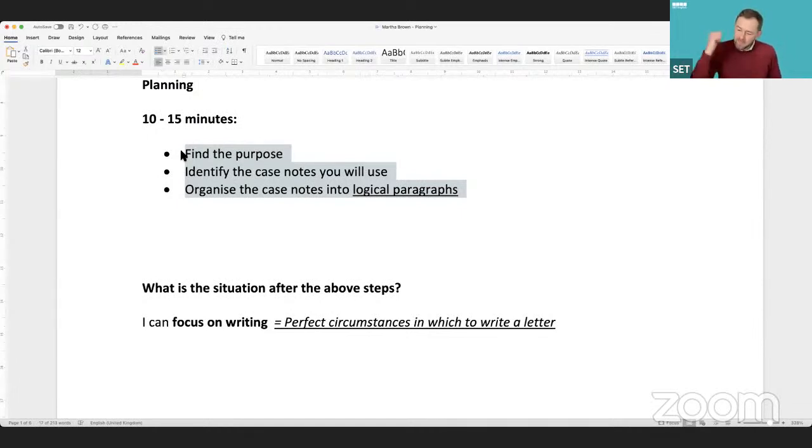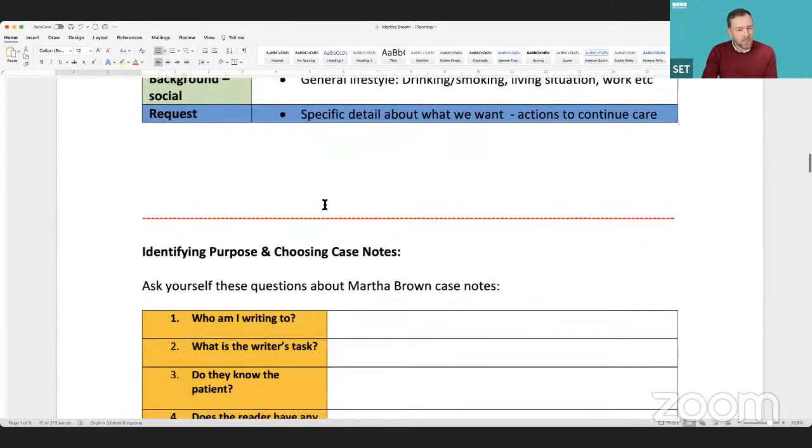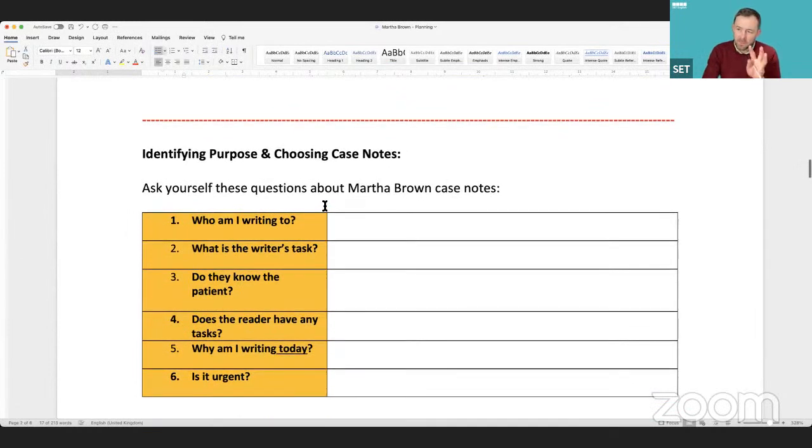Our ambition is find the purpose, choose the case notes, organize the case notes. That is what we're aiming to do today. Every single time you do a writing task, that is what you are looking for. So if you ask these questions here, you should be able to find the answers to those things. You should be able to choose the right case notes and organize it properly.